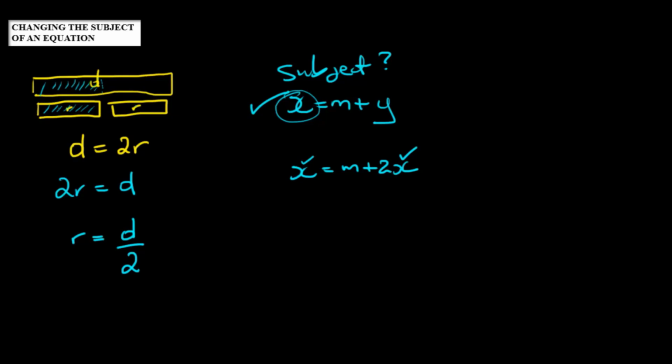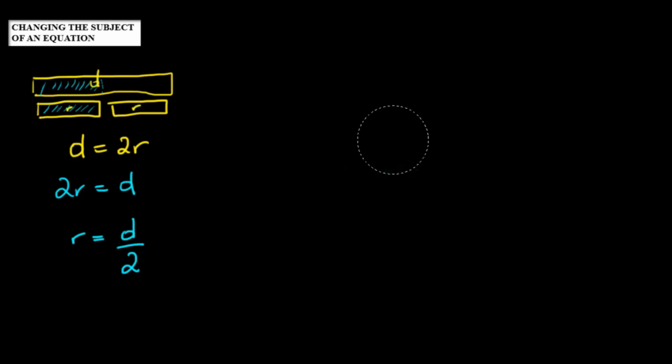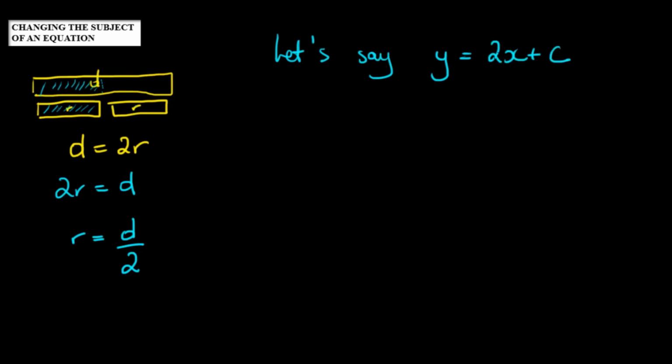Now we can rearrange formulas like this one and others to make different things the subject of the equation. So let's say we had another formula. For example, let's say that we had y being equal to 2x plus c, where as you can see here, y is the subject.